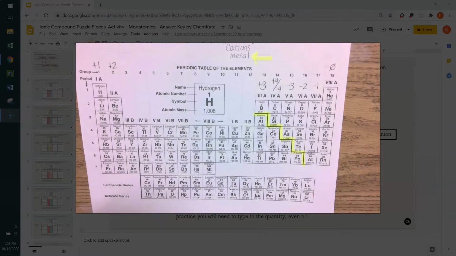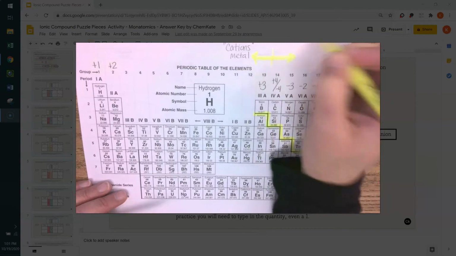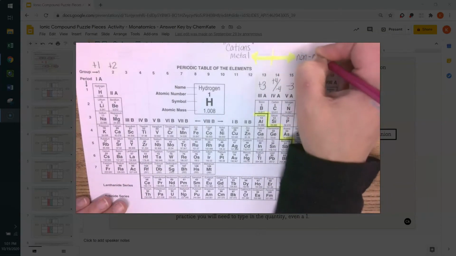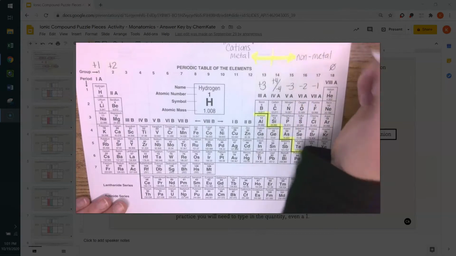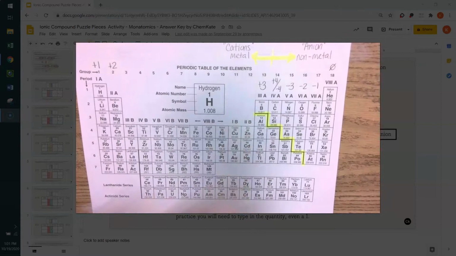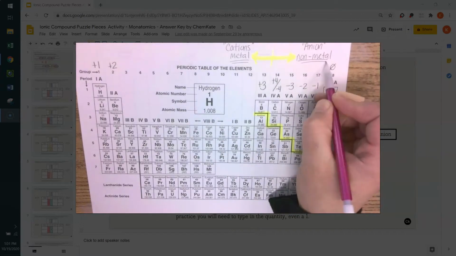Anything pretty much to the right is considered a nonmetal, which forms an anion, or a negatively charged ion, which makes ionic bonds the bond between a metal and a nonmetal.